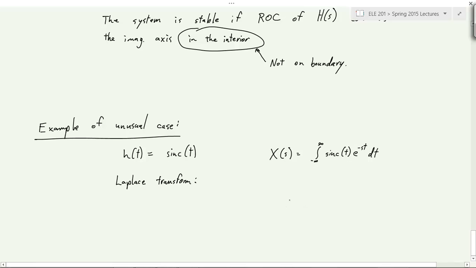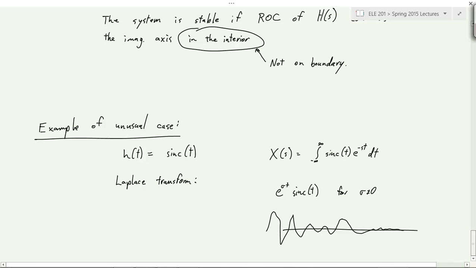If you plotted something like e to the sigma t times sinc of t for any sigma not equal to 0, you'd get your sinc. It would taper off real fast in one direction and start growing in the other direction, and it would not converge.